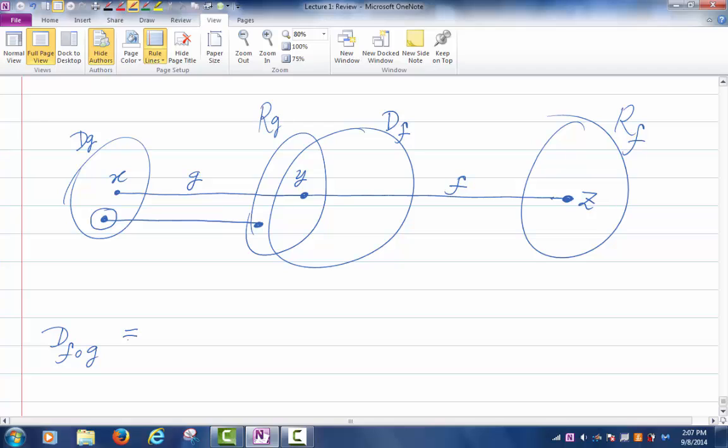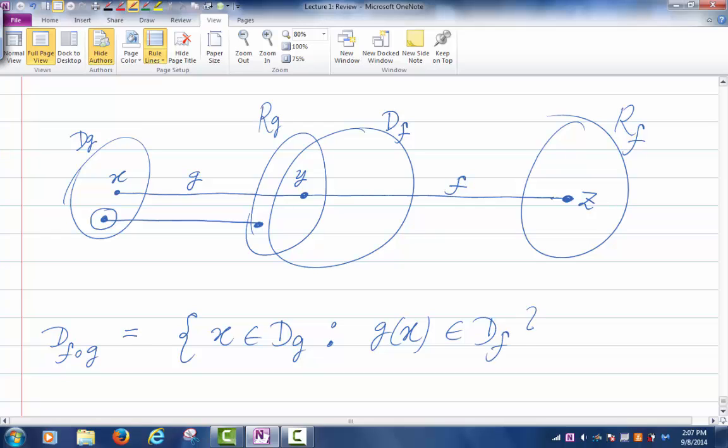So when you are computing the composition of f and g, you're applying g first to the inner function. Therefore, x has to be in the domain of g. So the domain of the composition is all values of x inside the domain of g, such that the corresponding value g of x is in the domain of what?